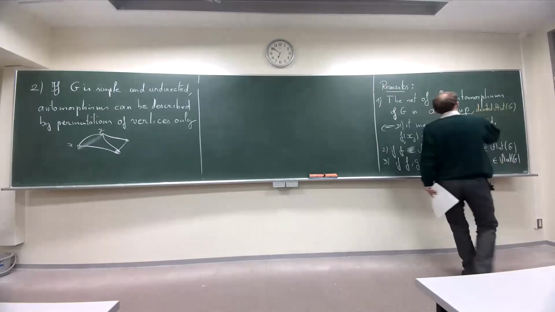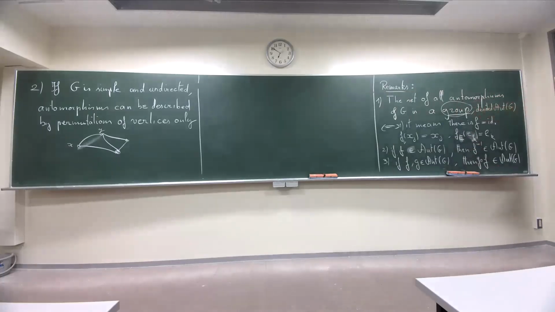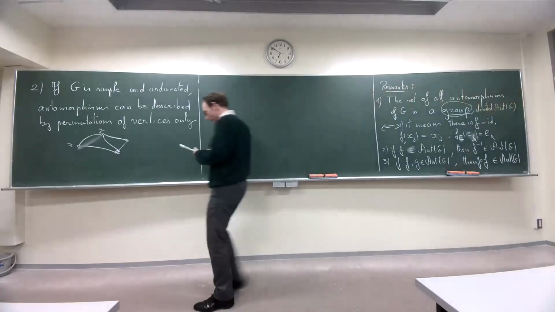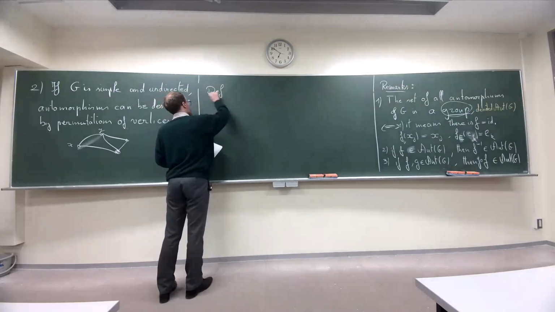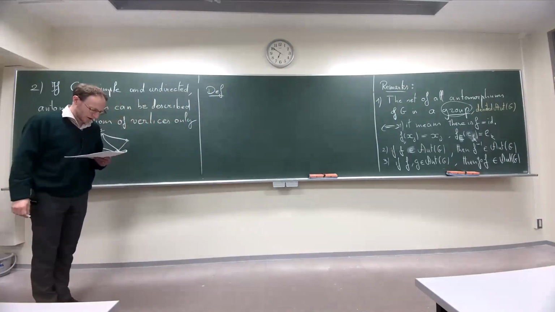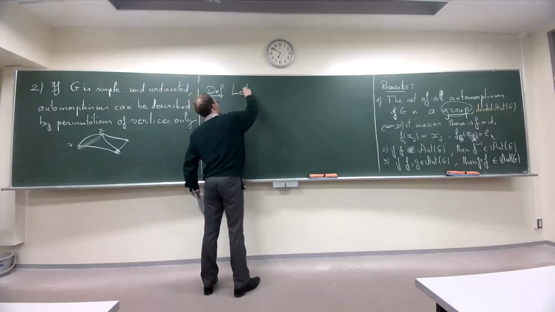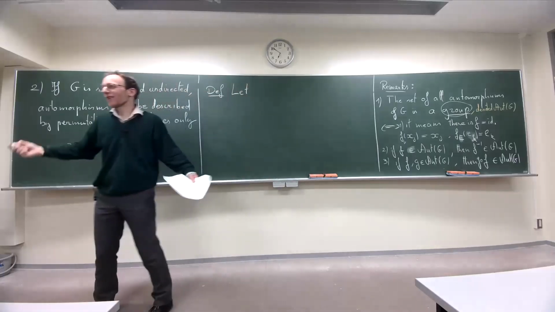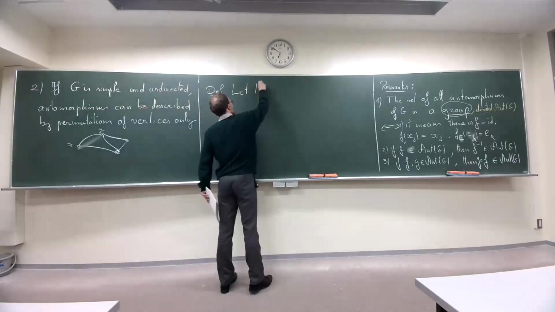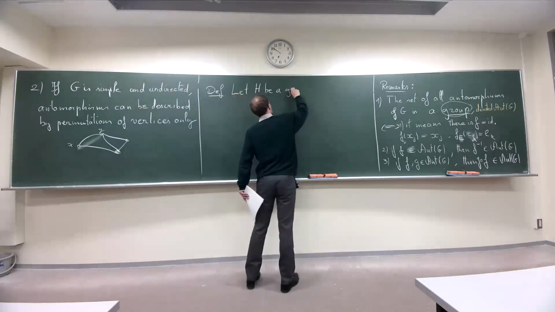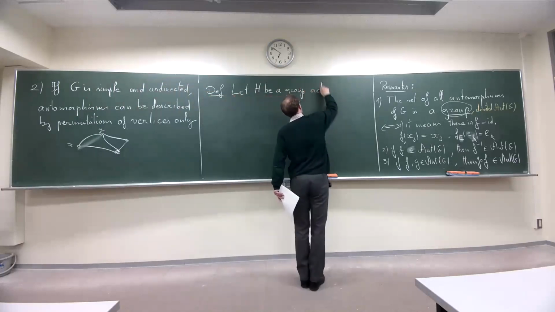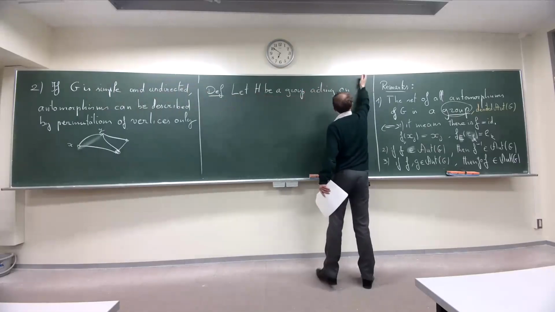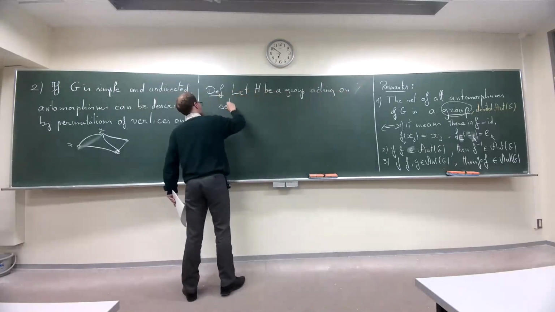I just want to take 3 minutes for one thing. We have a group. There is one notion which is completely natural in this setting, and I want to introduce it, even if it's not directly related to graphs. Usually for a group we use the letter G, but I cannot use G because G is already used for the graph. So let H be a group acting on a set X. I take it slightly more general because it's natural.